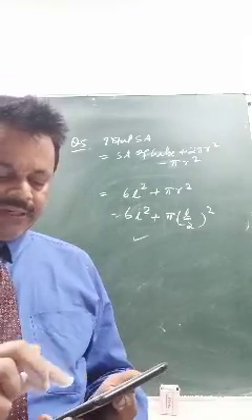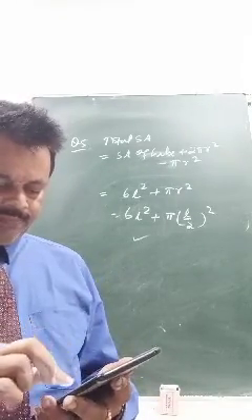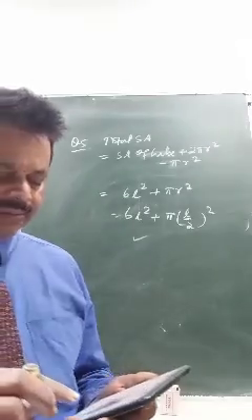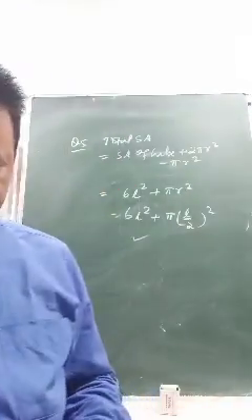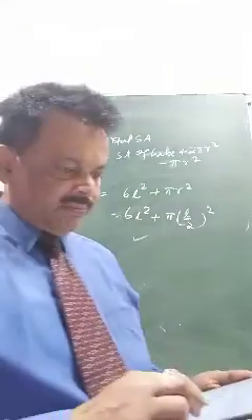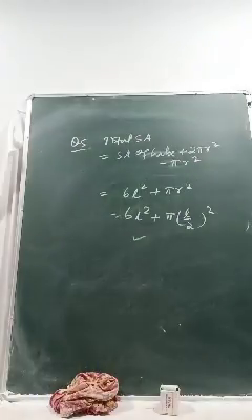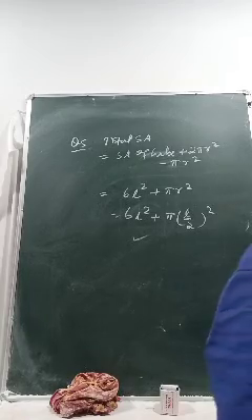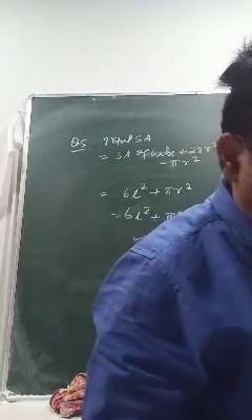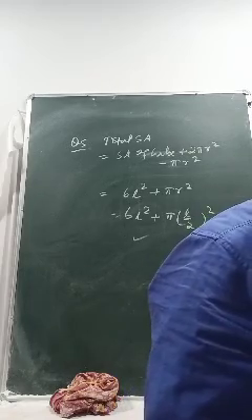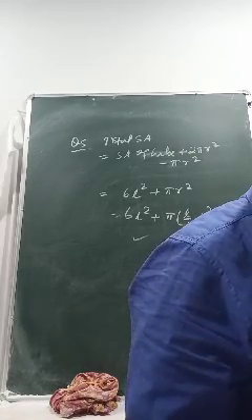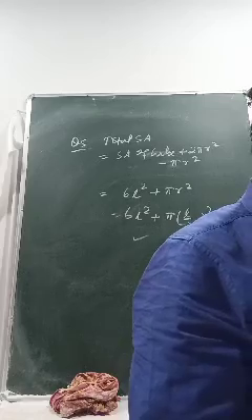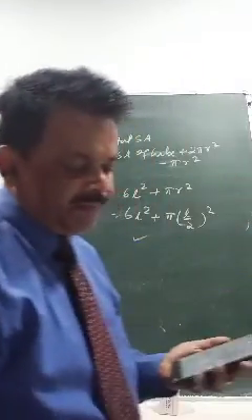Then you go to question number 9. What is question number 9? A wooden article is made by scooping out a hemisphere from each end of a cylinder shown in the figure.